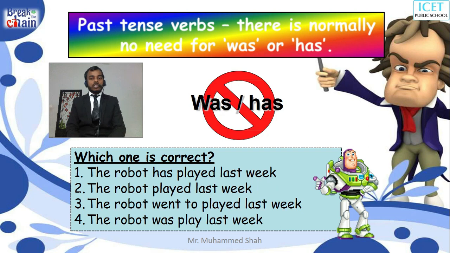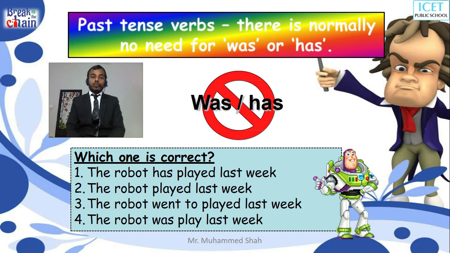No need to say the robot has played. The robot played last week is the correct one. If you say has played, then there should not be last week in that. The robot has played is a wrong sentence. You can say the robot played last week.